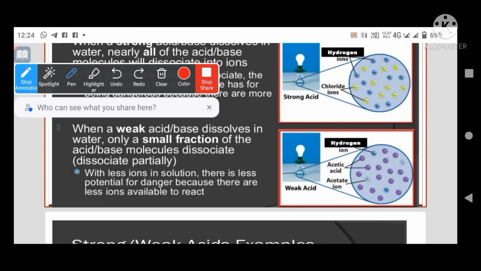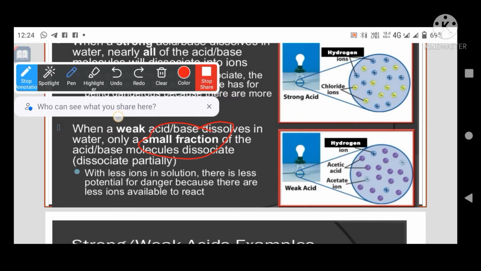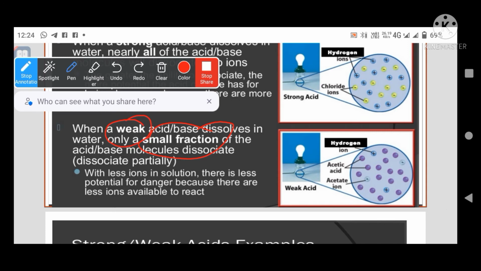When a weak acid or weak base dissolves in water, only a small fraction of the acid or base molecules dissociate, partially, with fewer ions in the solution. You can clearly see in this diagram only a few hydrogen ions and a few negative ions.